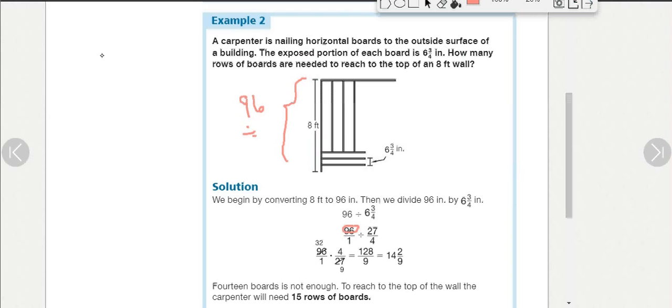by what each board is worth, 6 3/4, which is the same as 27 over 4, right? If we do our quick convert, we divide by that. 96 is already good to go, so we just do 96 times the multiplicative inverse.